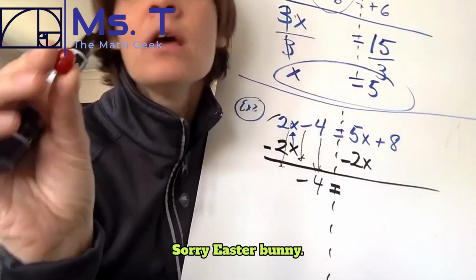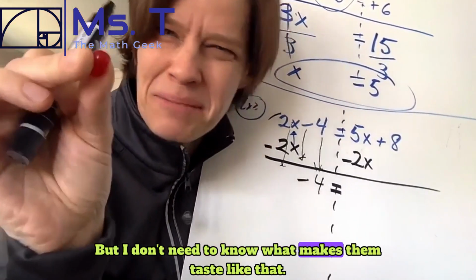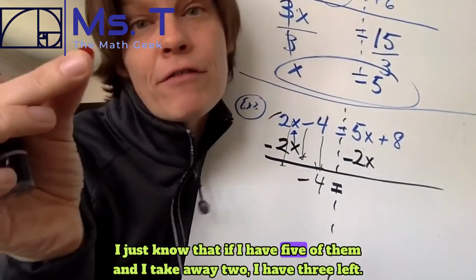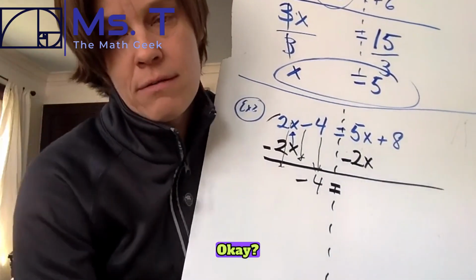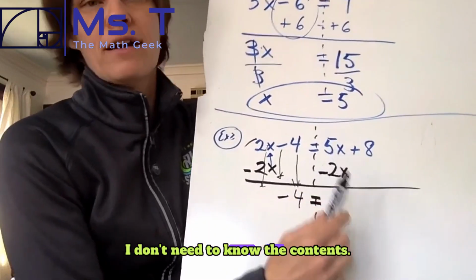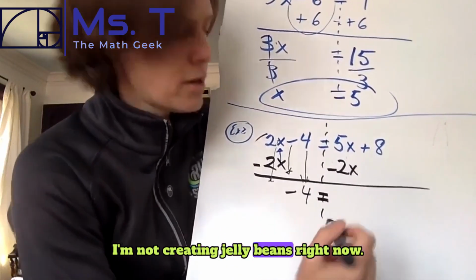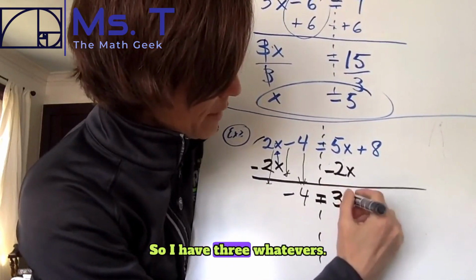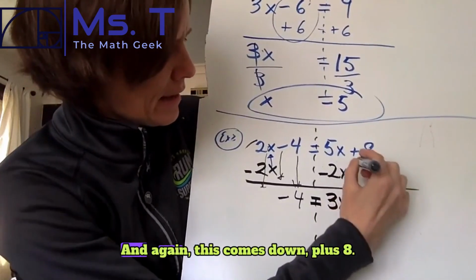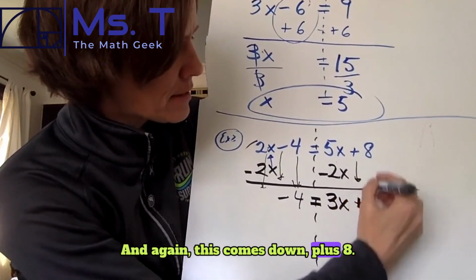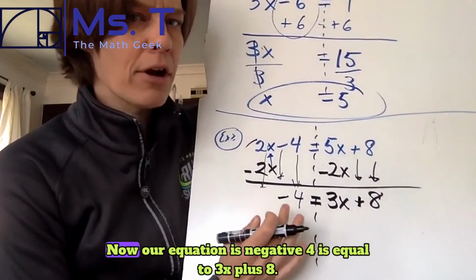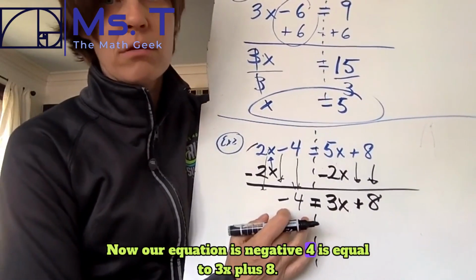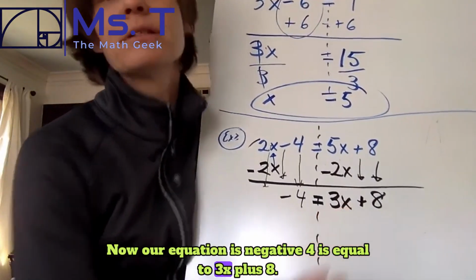Sorry, Easter Bunny. But I don't need to know what makes them taste like that. I just know that if I have 5 of them and I take away 2, I have 3 left. Same thing. I don't need to know the contents. I'm not creating jelly beans right now. So I have 3 whatevers. And again, this comes down. Plus 8. Now our equation is negative 4 is equal to 3x plus 8.